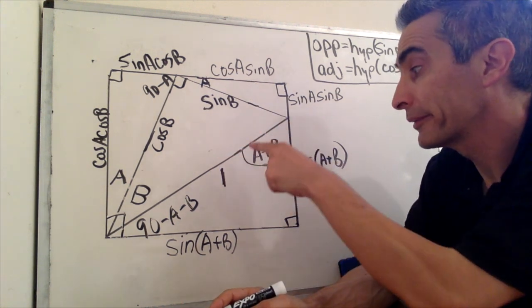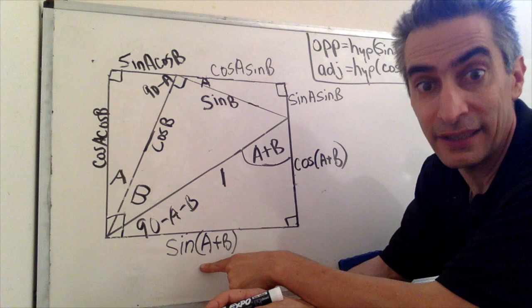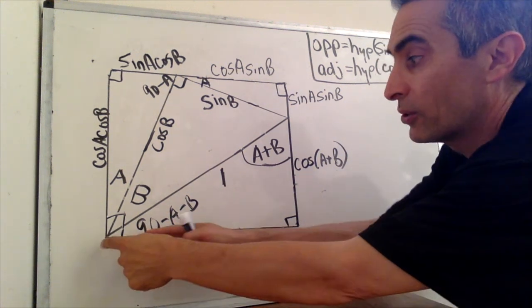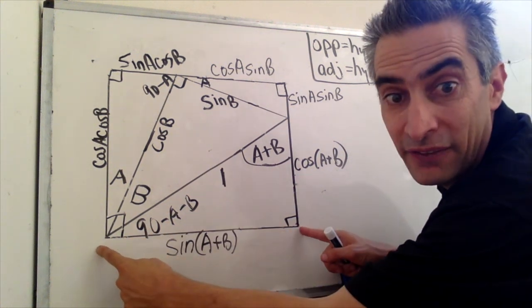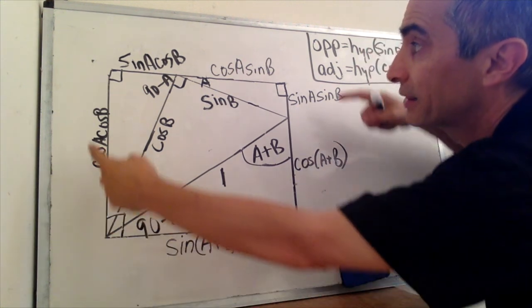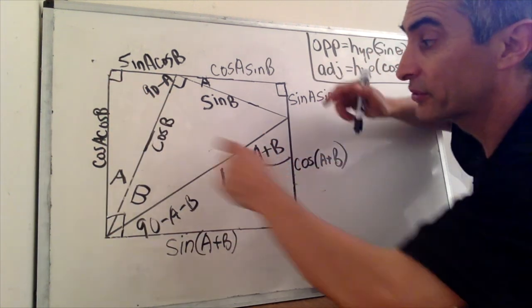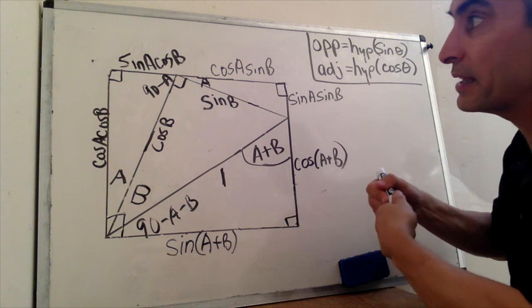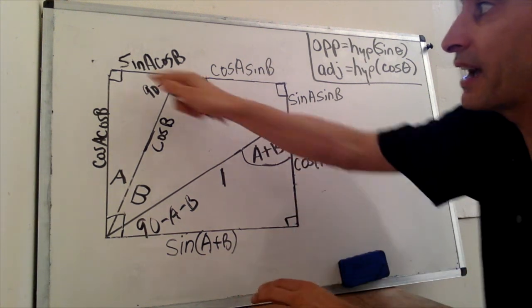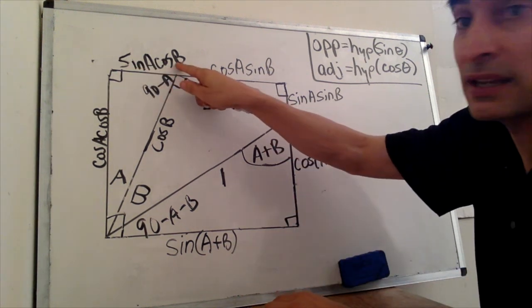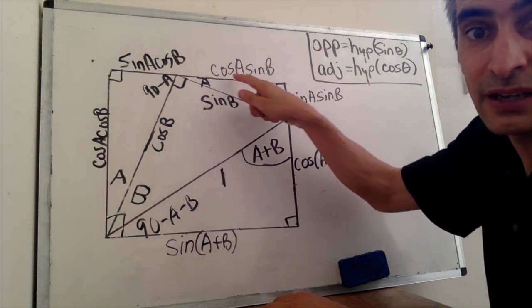Looking around here, there it is right there. And again, this is a rectangle, which means that this whole length here, which equals sine of A plus B, has to be equal to this whole length up here, which means that the sine of A plus B equals the sine of A cosine of B plus the cosine of A sine of B.